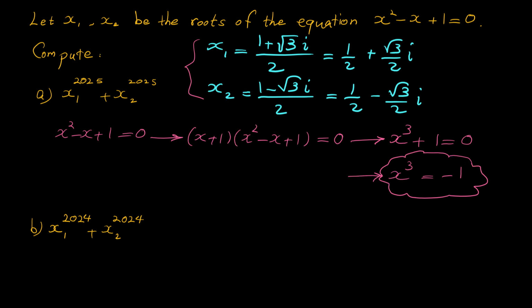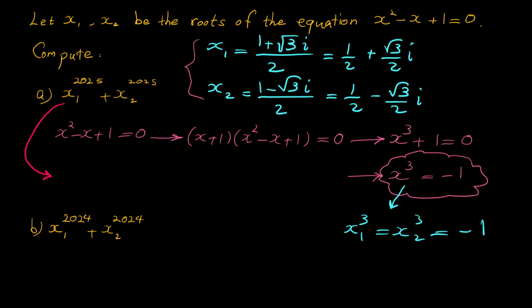So from this relation, we know that x1 to the 3 and also x2 to the 3, the roots of this equation, are equal to -1. And now we want to use this for finding the value of this expression.